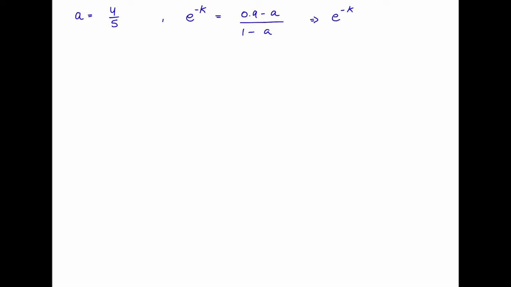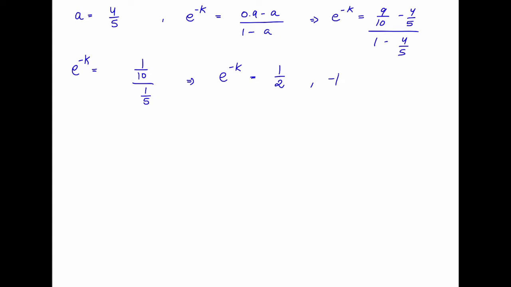Implying that e to the power negative k is (9 over 10 minus 4 over 5) divided by (1 minus 4 over 5), which resolves to 1 over 10 divided by 1 over 5, which is just e to the power negative k being equal to 1/2.